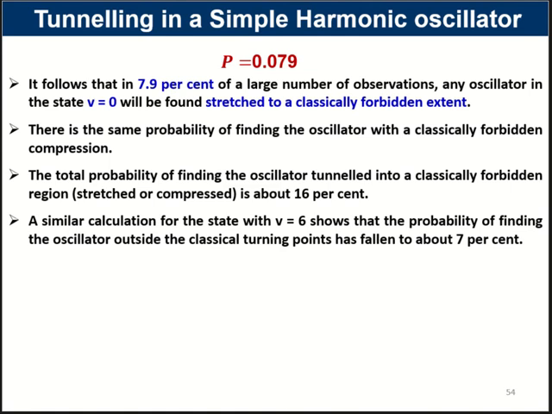So 8% compression, 8% एक्सटेंशन, जो स्ट्रेचिंग, दोनों में 8% का आप कर सकते हैं. टोटल प्रोबेबिलिटी ऑफ, so total probability is 16%. 16% is the total probability because compression के लिए भी होगा, turning point is on either side. So 8% plus 8% is 16% is the probability of finding the oscillator in the forbidden region, stretched or compressed, both.